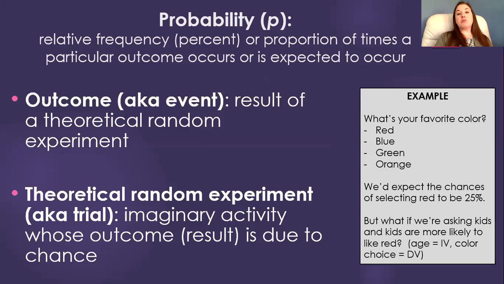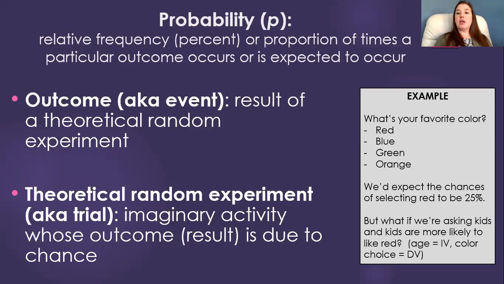Okay, so when we say probability, what are we talking about? Probability is the relative frequency, so think what percentage or proportion of times something happens or is expected to happen. Some important terminology here includes what's called an outcome or an event. An outcome is the result of a theoretical random experiment.